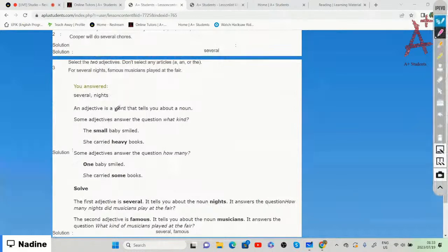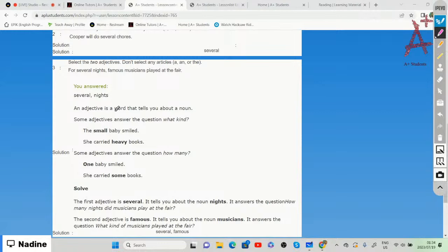We need to select two adjectives within the sentence: For several nights, famous musicians played at the fair. We need to choose two adjectives within that sentence that tell us about the noun. And we said that adjectives either tell us what kind or how many.